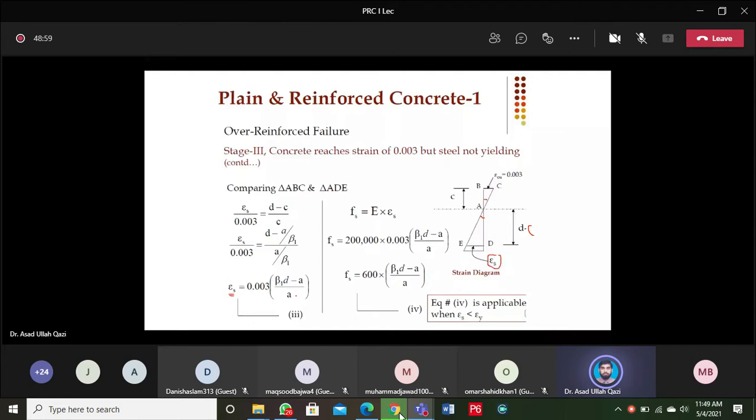But this a is not known to me, so I will keep it as unknown, and I will call the Hooke's law, and I will calculate Fs by multiplying this strain with modulus of elasticity, but still I will get Fs in terms of a, function of a, because a is still not known to me.